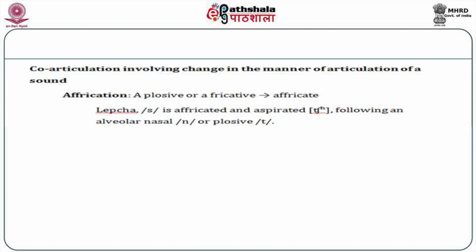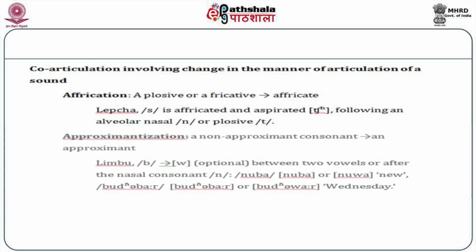In Lepcha, a Tibeto-Burman language, sir becomes a ch, following an alveolar nasal n or a plosive th. Sir becoming ch is thus an example of affrication. You could think of other possible types of affrication, such as a k becoming a ch, a very common process in Indo-Aryan languages.